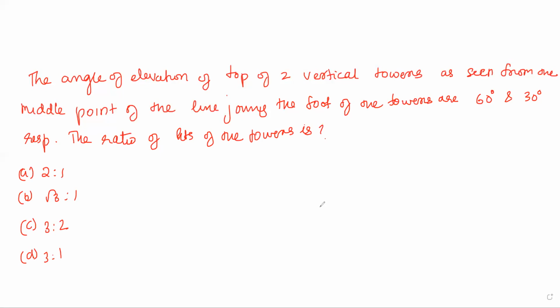Okay, so let's first draw the figure. There are two vertical towers, isn't it? And from the middle of the line joining the towers, they are drawing the angle of elevation of the two towers.